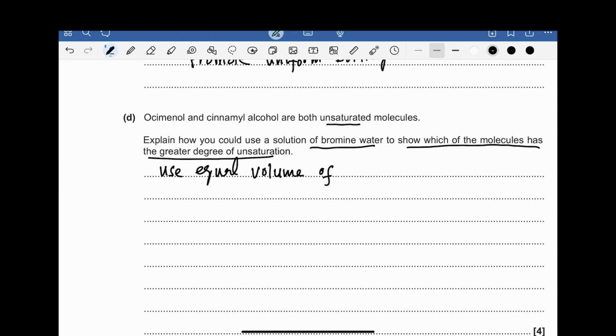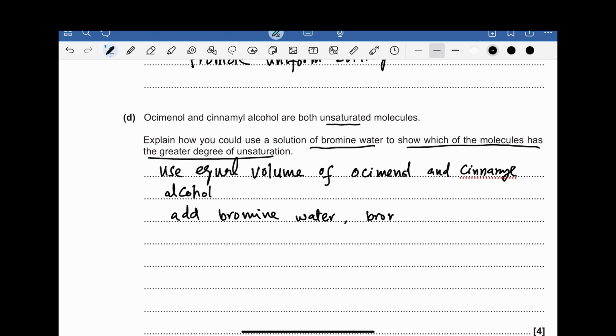use equal volumes of cinnamol and cinnamyl alcohol for a fair test. Then we can add bromine water. Bromine water will decolorize.